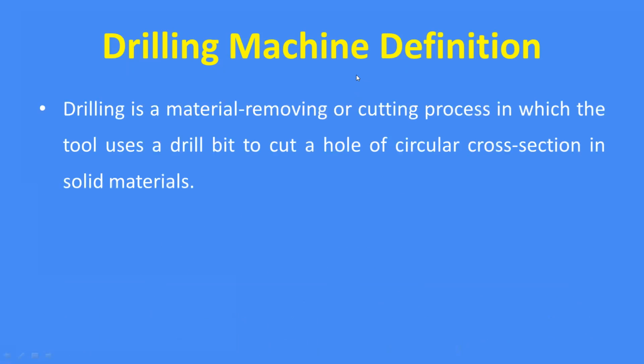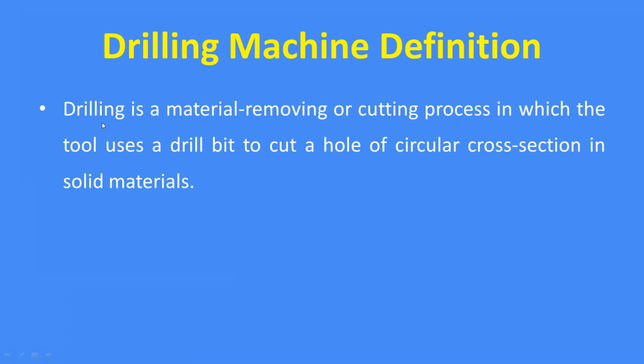Or if you ask a layman what is meant by drilling, he gives you the answer: drilling is nothing but whenever we need a hole, we use this drilling process.